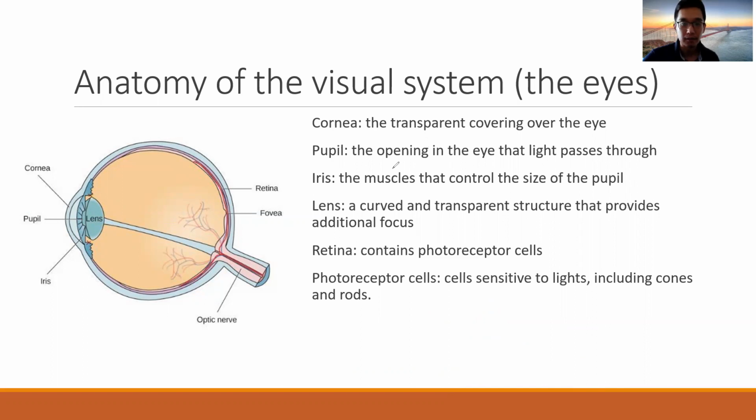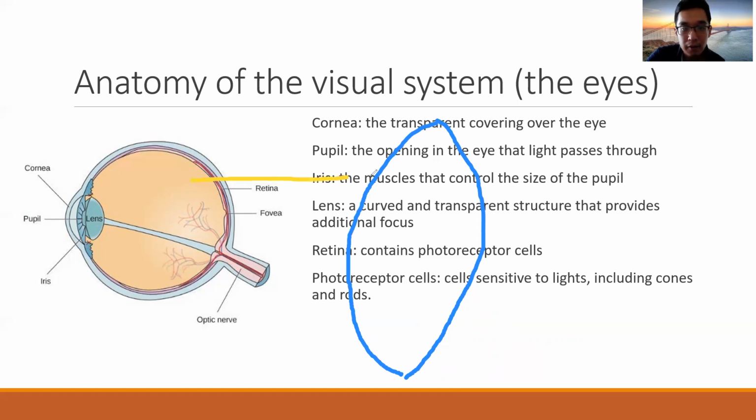If I draw a bigger picture, you can see it clearly. If the light is like this, for example, yellow light coming from this direction. Here, the blue part is the lens.